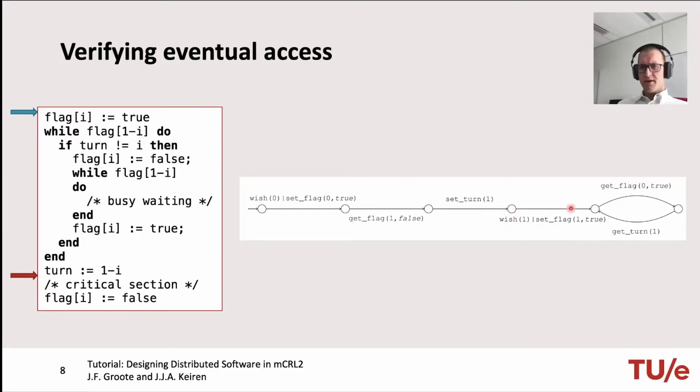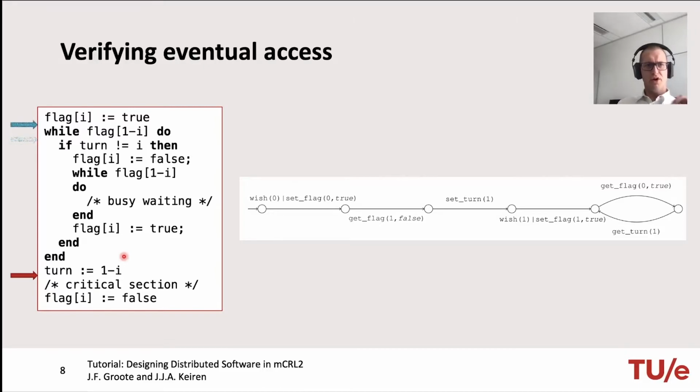Now process 1 comes and sets its flag to true and gets the flag of process 0, which is true, so process 1 must now enter the body of the loop. And it then checks whether it has priority or not. Well, it has priority, so it should not set the flag to false.